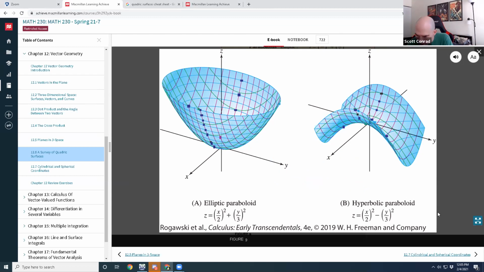So notice the traces are going to be in blue, green, and magenta.